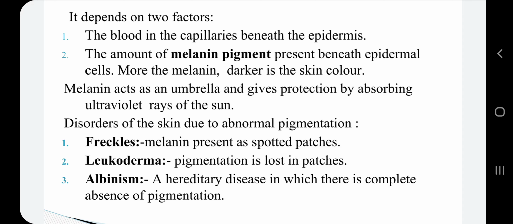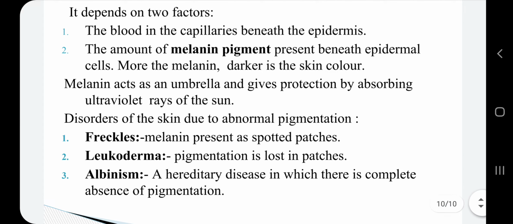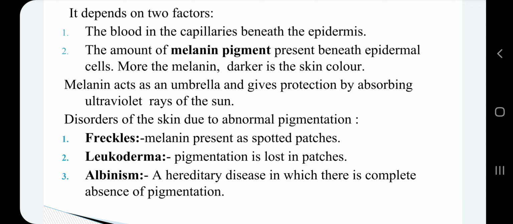And then the next condition is leukoderma. In leukoderma, melanin is completely lost in patches, not throughout the body but in patches. The skin loses this melanin pigment, and this gives the disorder called leukoderma, and the exact cause of this disorder is still not known. And then the third disorder of the skin is albinism.